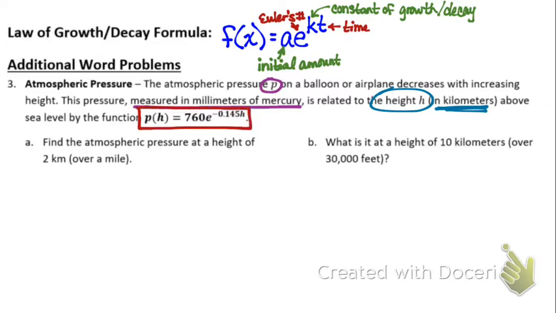P of h is equal to 760 times e to the power of negative 1.45h. So there's a couple things that I know about this. Here's the initial height. Or sorry, not the initial height. That would be the initial pressure. My apologies. Initial pressure.